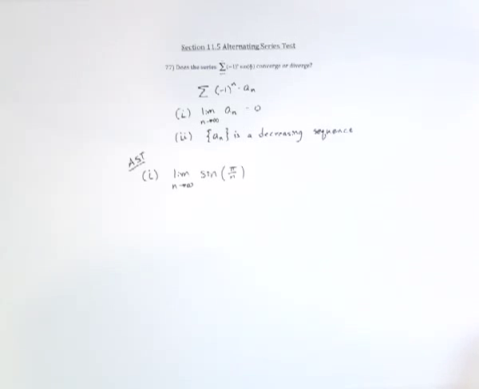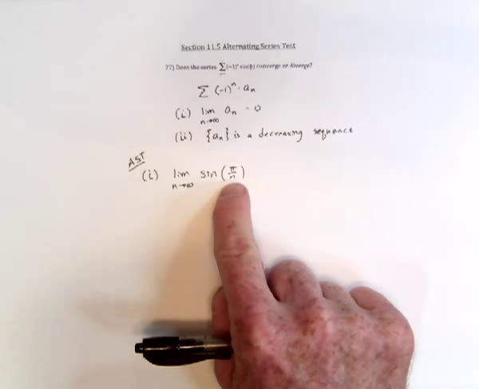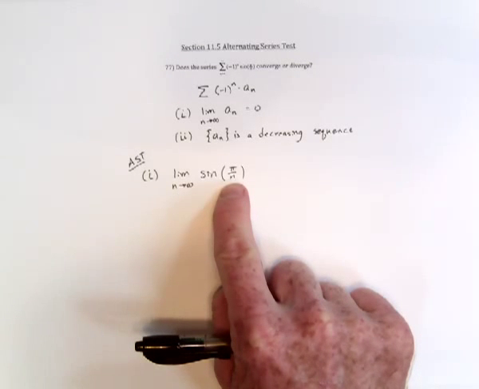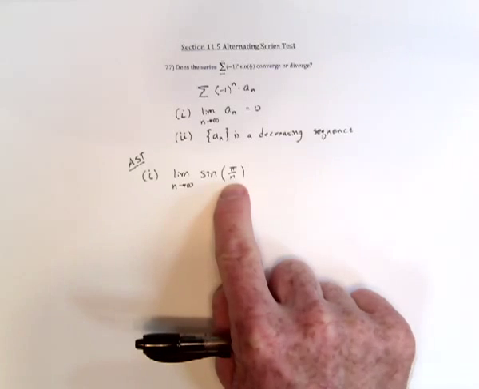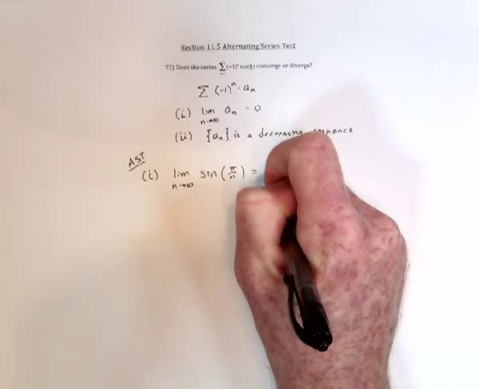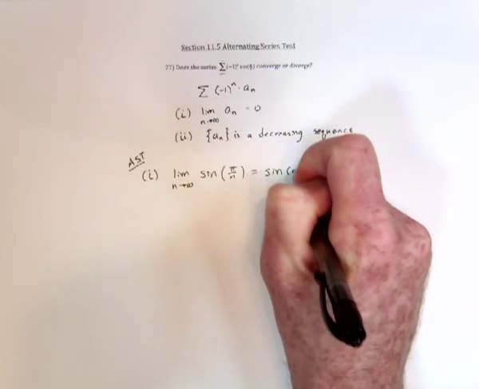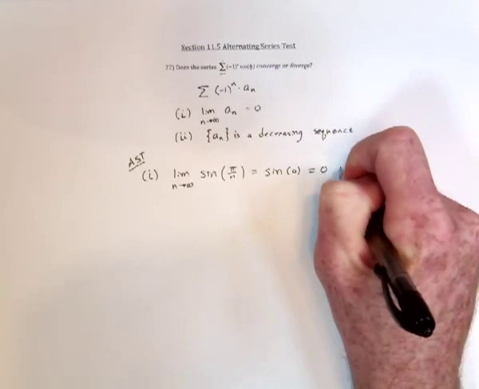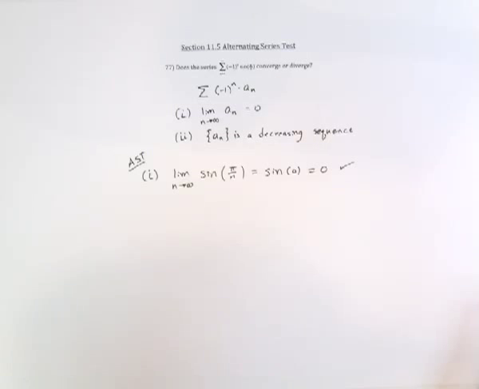So how much is pi divided by infinity? Well, since pi is a constant, if you divide a constant into an infinite number of pieces, the size of each piece is basically 0. So we've got sine of 0. And sine of 0 is equal to 0, so it passes the first part of the test.